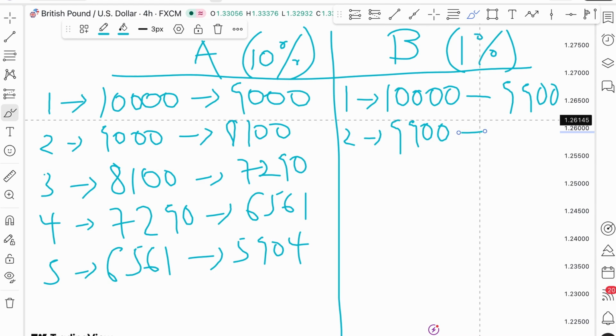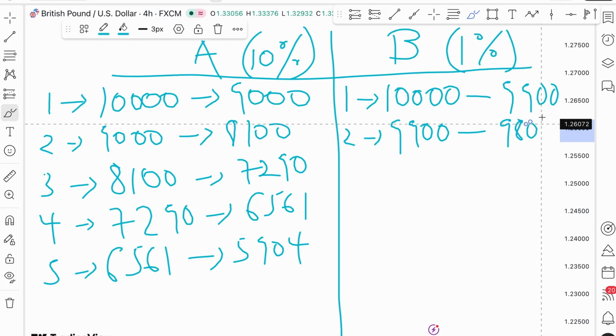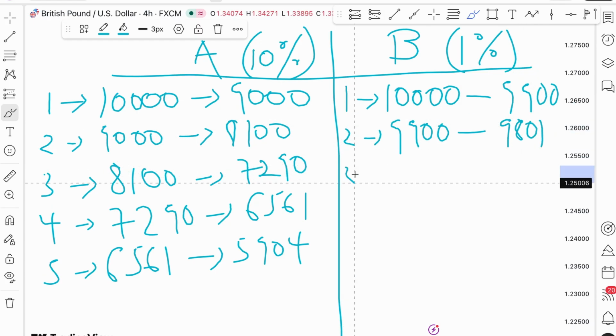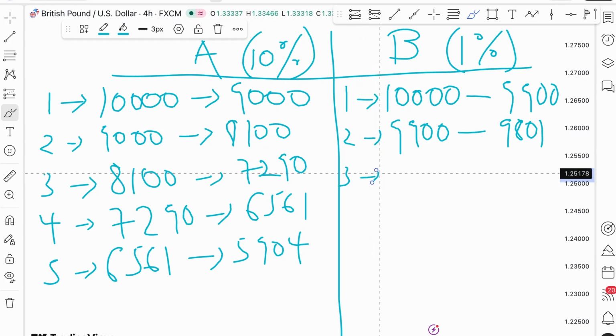That means when we less $99 from the 9,900, we will arrive at a figure of 9,801.